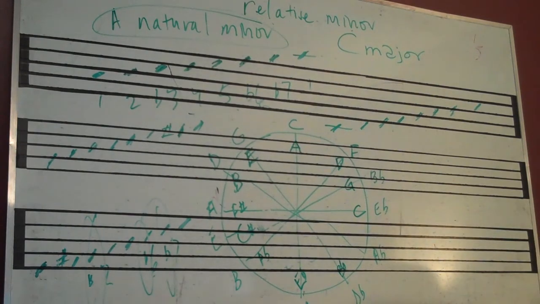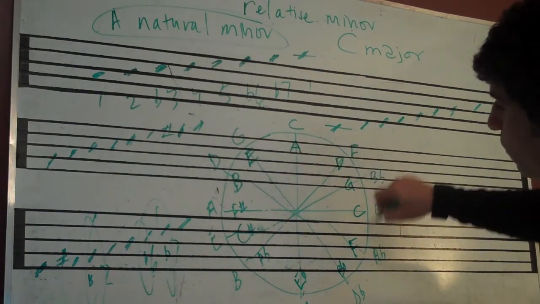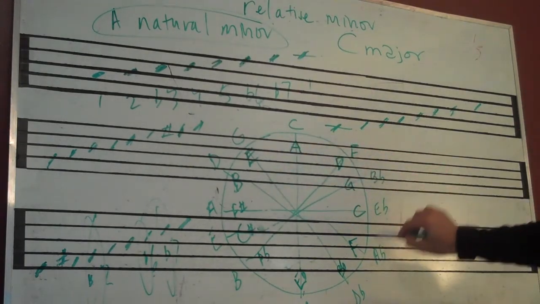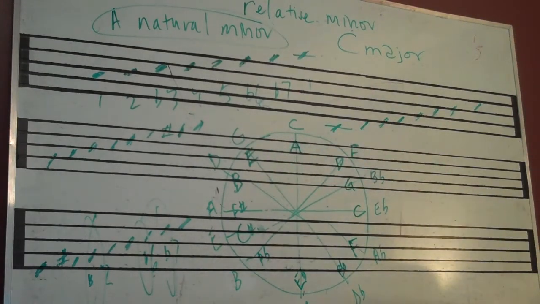And F is the last one. So you see that these are, of course, the relative natural minors to the major scale, all of the major scales.